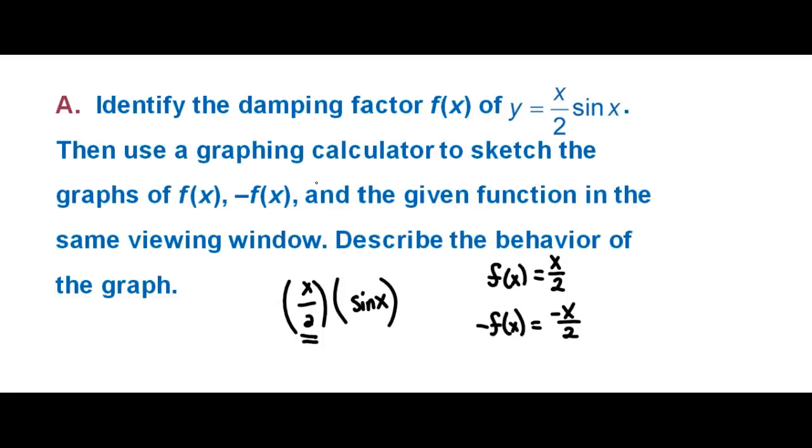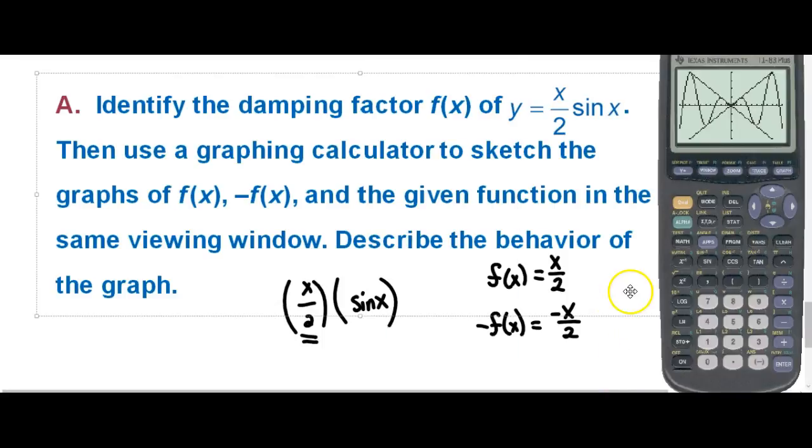So when I pull up my calculator, sorry for the skip there, it took me a minute to get a nice window for this, but let me see if I can graph that one more time. If I go to zoom trig, as you can see, there's my x over 2, my negative x over 2, and you can see sine is kind of stuck within those two lines.